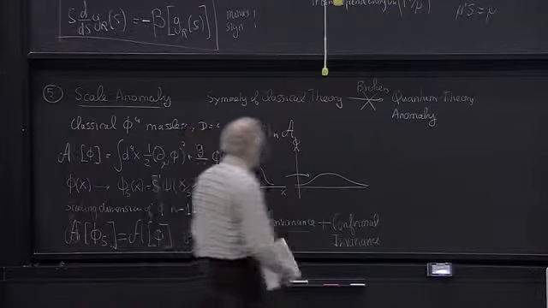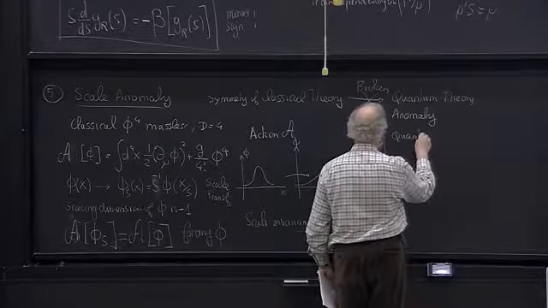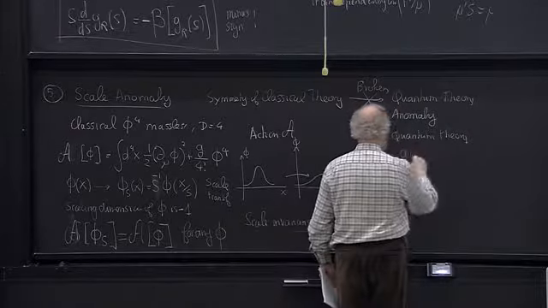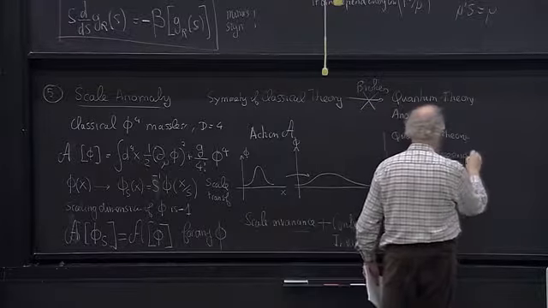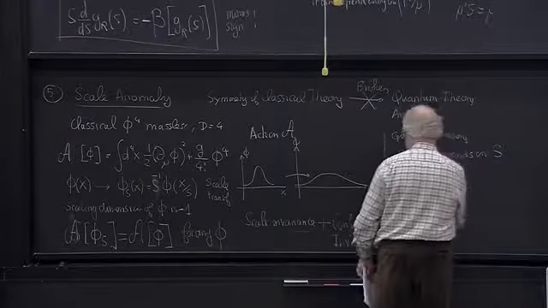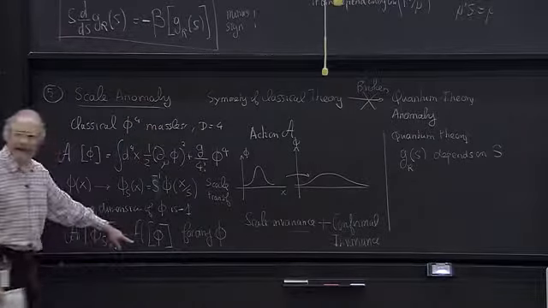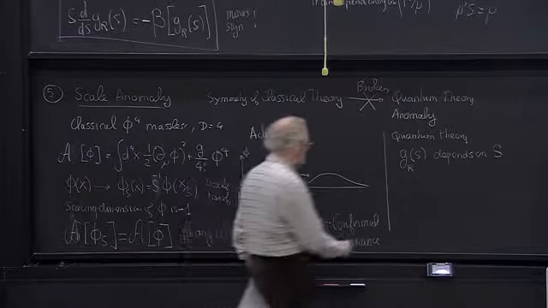Now, the fact that in the quantum theory g renormalized depends on s, on the scale transformation, means that this symmetry is broken.